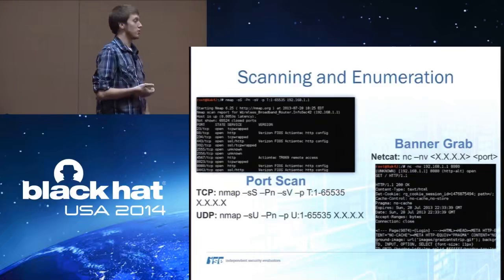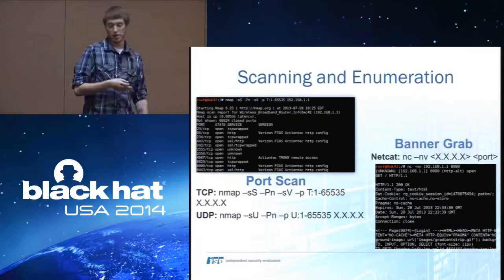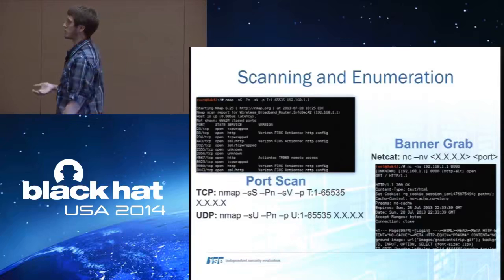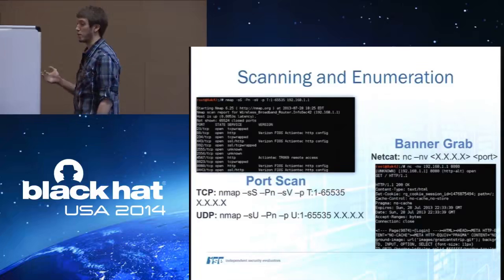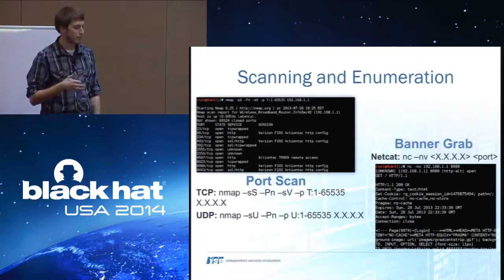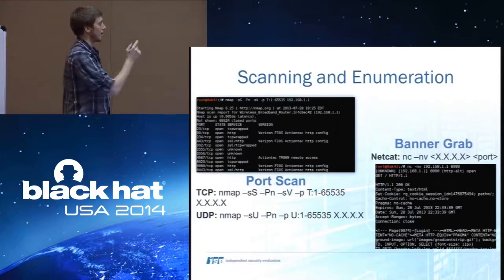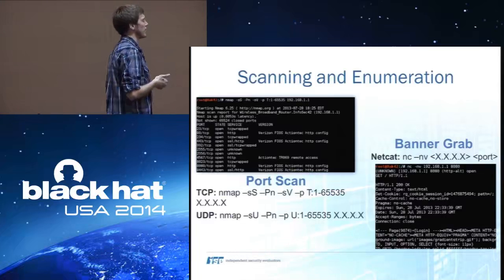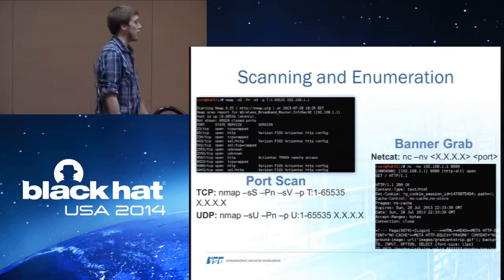So you would first need to understand what the device is running by default. And you can do that using a series of tools. My favorite and probably the most robust is Nmap. And I have Nmap output for actually a router, Verizon Fios Actiontec, in the top left.